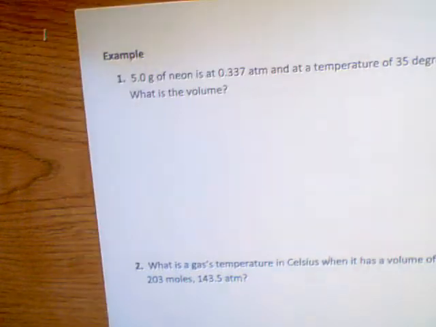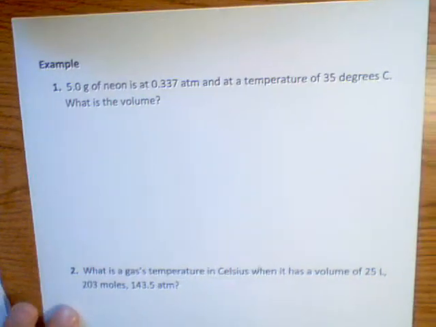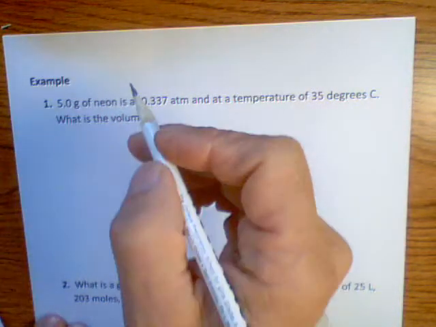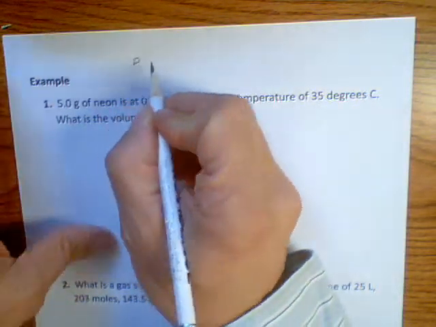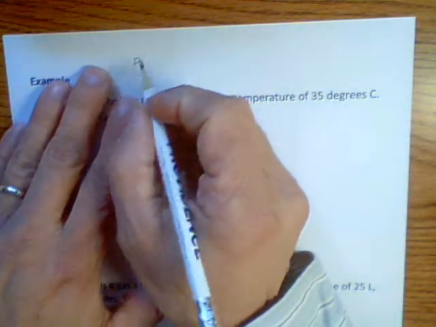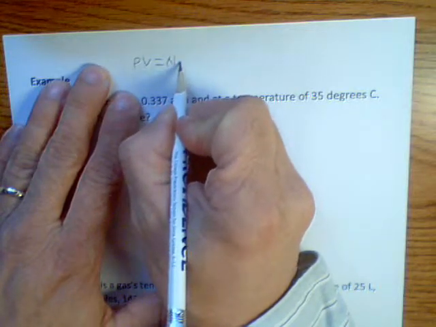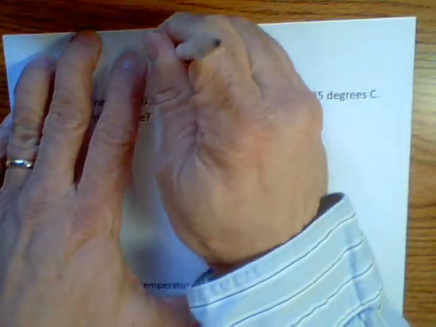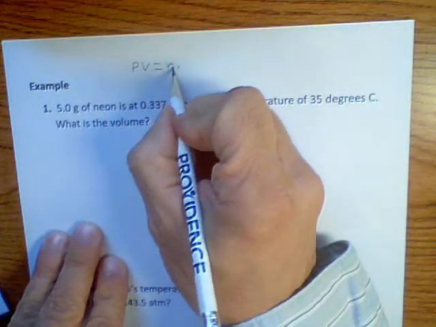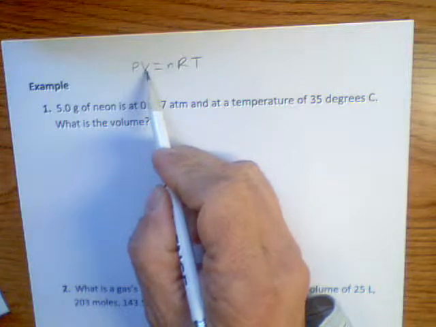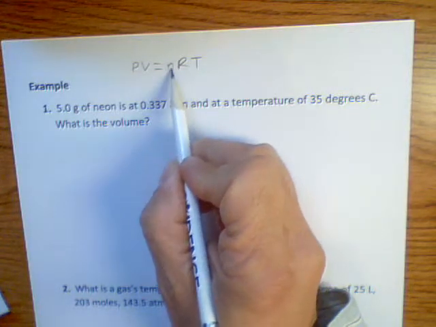So we could first start with an example. Here's an example, and make sure you recognize that we're dealing with the ideal gas law. PV equals nRT. So P equals pressure, V equals volume, n equals moles.